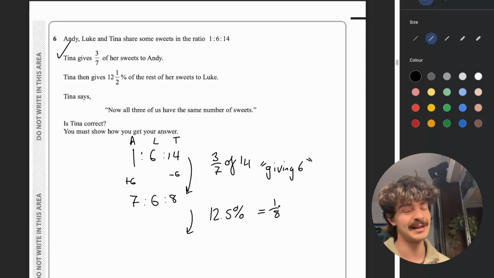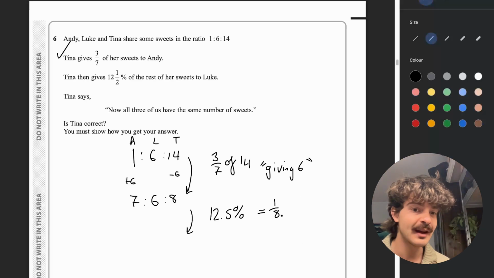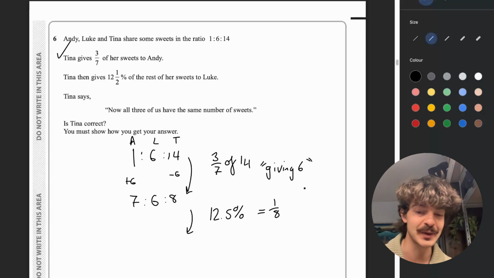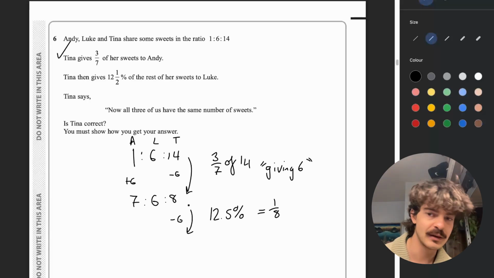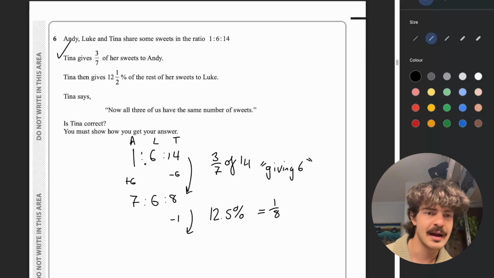And I think that's probably the nicest way to go about this. So in words, Tina's giving 1 out of her 8 sweets to Luke, right? So she's once again losing 1 here, not 6. That was last time. Losing 1, and Luke is gaining 1 this time. Cool. So now we have 7, 7, 7.